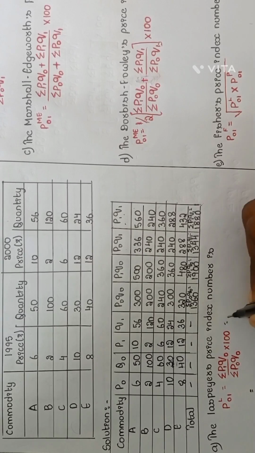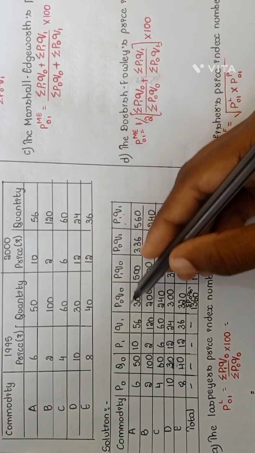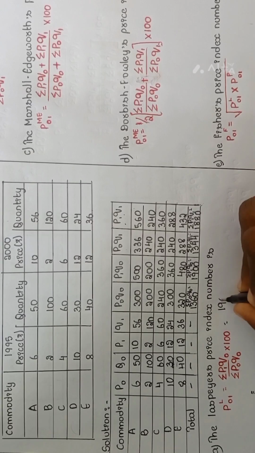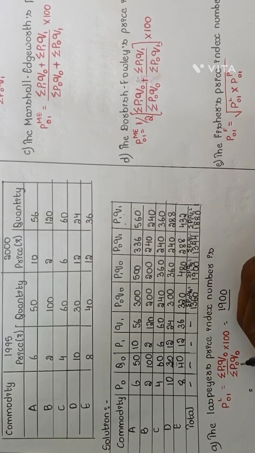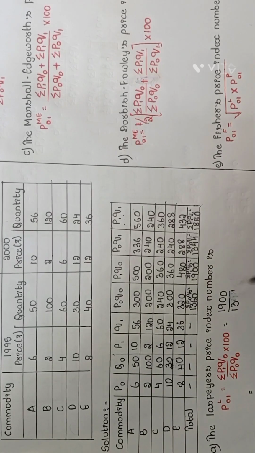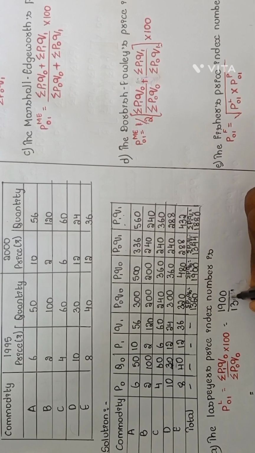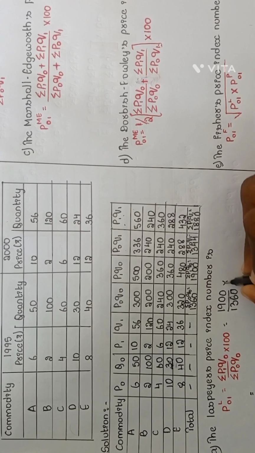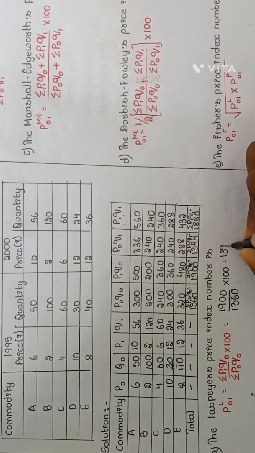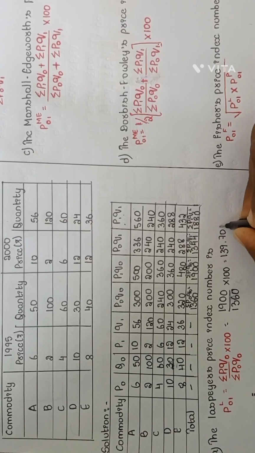So we have summation P1 Q0, and the value is 1900 divided by summation P0 Q0, value is 1360, into 100, and the answer will be 139.705.